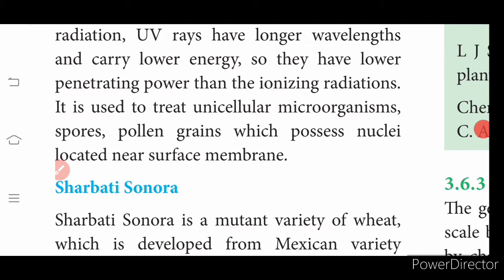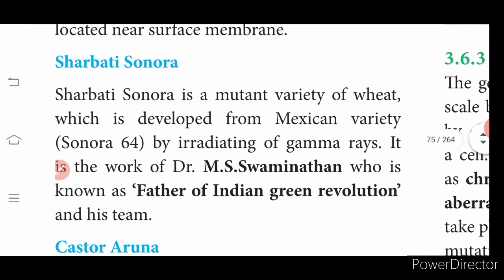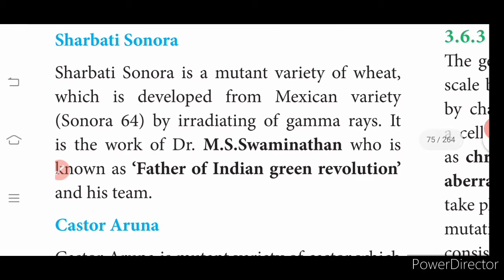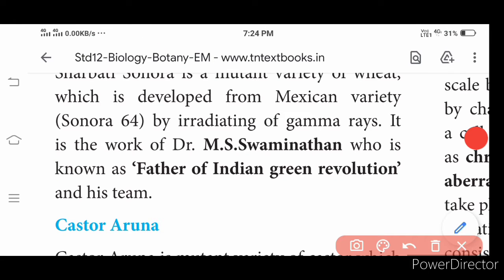It is used to treat unicellular microorganisms, spores, and pollen grains which possess nuclei near the surface membrane. Sometimes they can also be used to induce mutation. What is inducing? We are artificially creating mutation. That is called induced mutation.